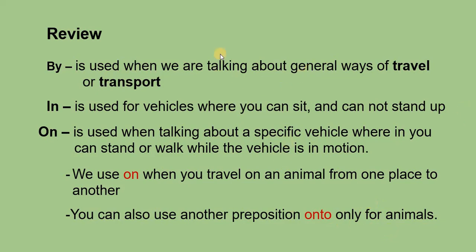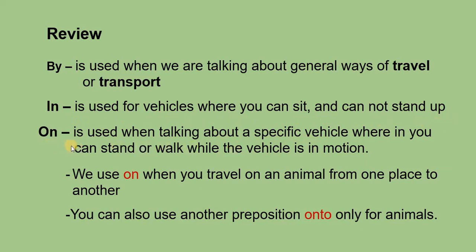So guys, here let's review. By is used when we are talking about general ways of travel or transport. In is used for vehicles where you can sit and cannot stand up.